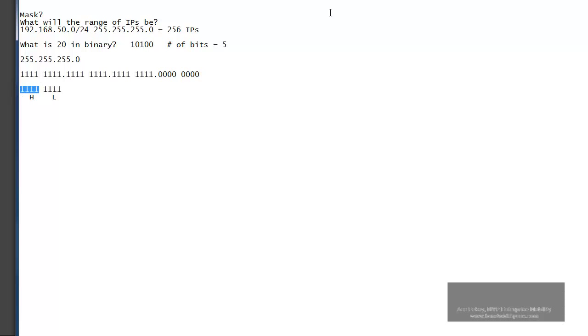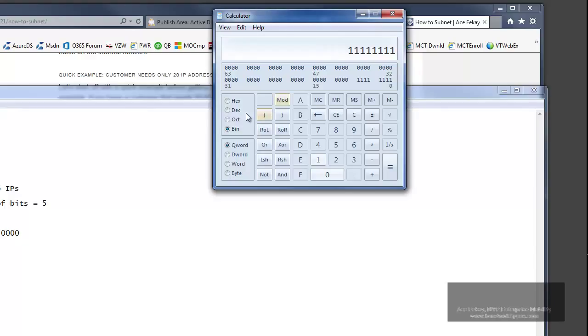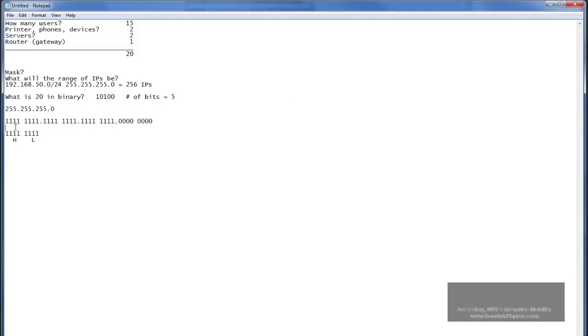I'll copy this, go up to the calculator, and put it in hex. Whoops, actually binary, we're in binary. 1, 2, 3, 4. Right now, if I go to hex, you can see it's F. That's why you saw those Fs earlier. So this is equal to FF.